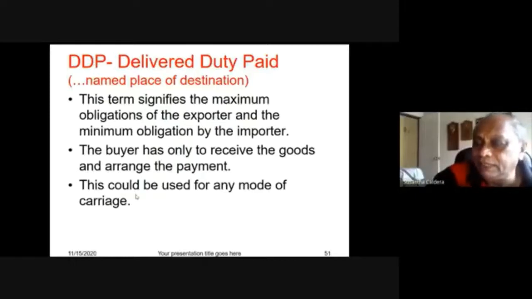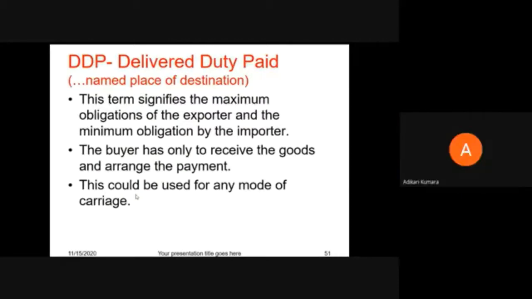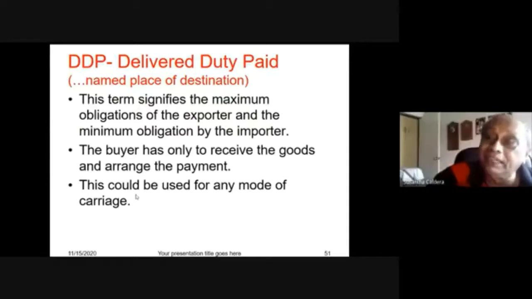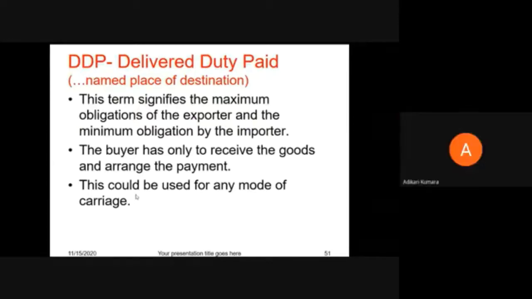EXW Colombo. Where is the importer? Where is the exporter? Importer London, exporter Colombo. Origin, isn't it? Exporter Colombo and importer London.